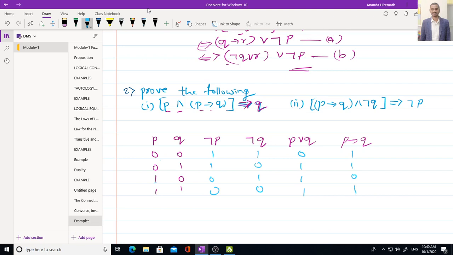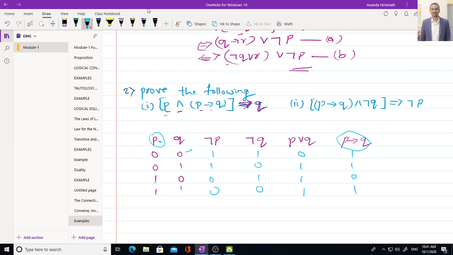Now from the truth table, we say whenever we have P and P conditional Q as true, then it implies that Q is also true. So let us try to see. Here 0 0 0 and 1 is there. Where is Q? It is 0.